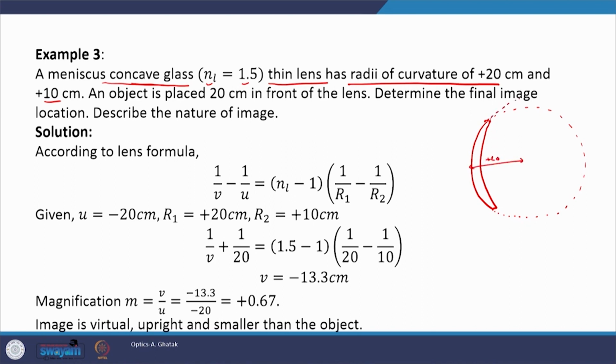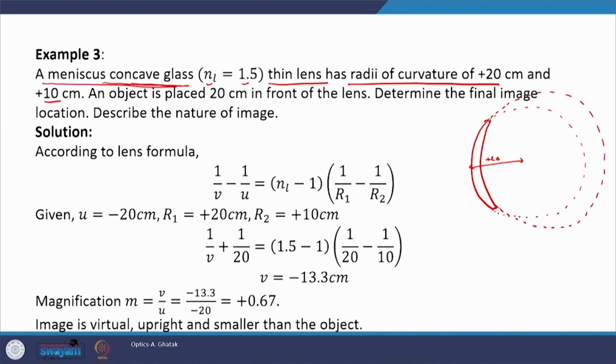Similarly, you can form the second sphere if you extend the curve, and the second sphere is again on the right hand side of this lens, and therefore the radius of curvature of this sphere would again be positive.